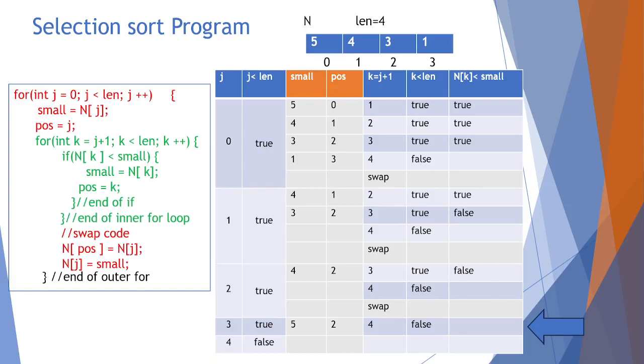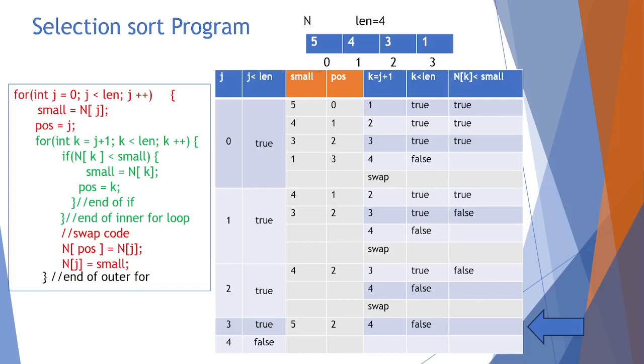Now k plus plus, 3. n of k, that is the n array, third index is 1 and small is 3. Is it less? Yes. Then update small and pause to 1 and 3. By the time we come out of the inner for loop, small is 1, position is 3.